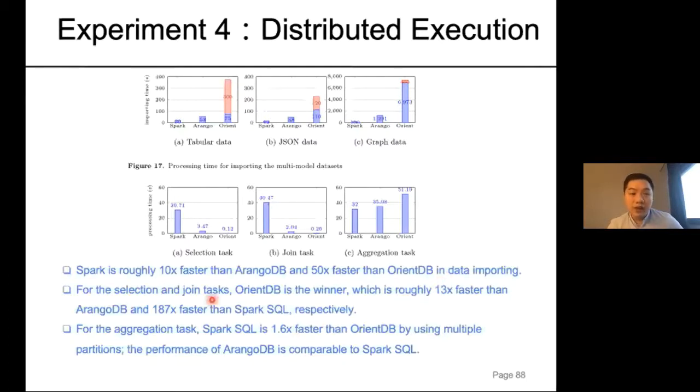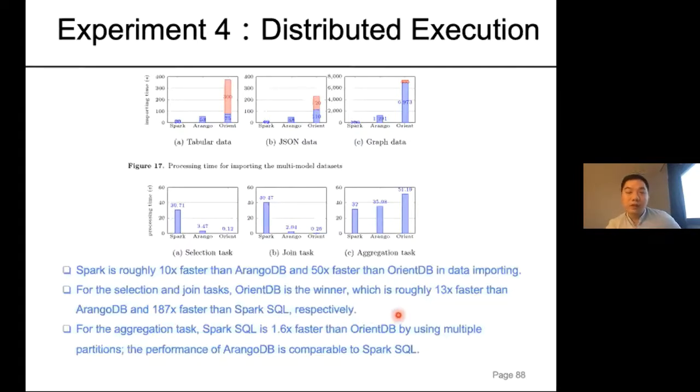And for the selection and the join task, OrientDB is the winner, which is roughly 13 times faster than ArangoDB and 2 orders of magnitude faster than SparkSQL.